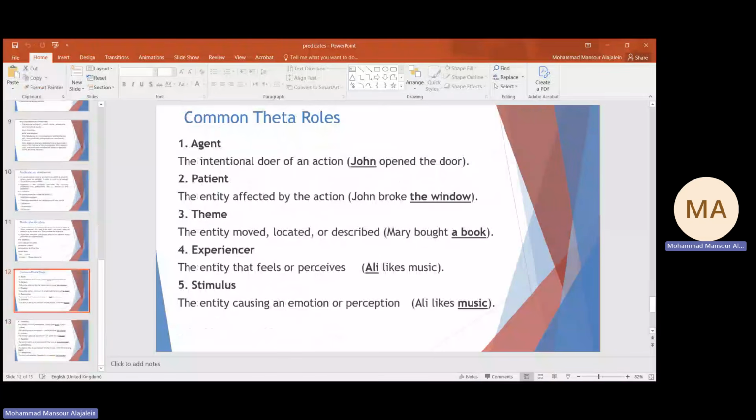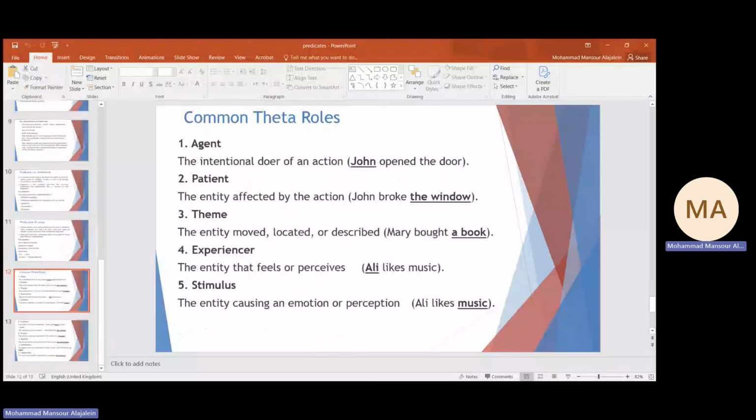So in that case, we say patient, and in this case, we say theme. A useful simplified distinction between the agent, the patient, and theme is that the agent does the action, the patient is affected by the action, while the theme is the entity involved, moved, located, or described by the action.